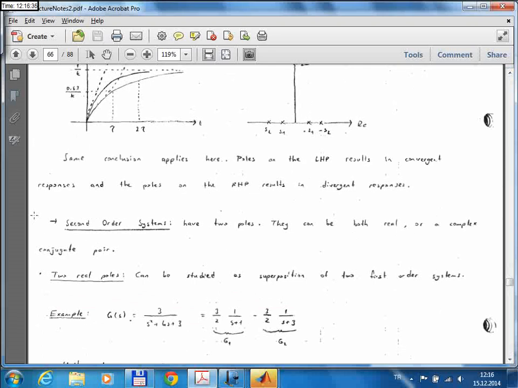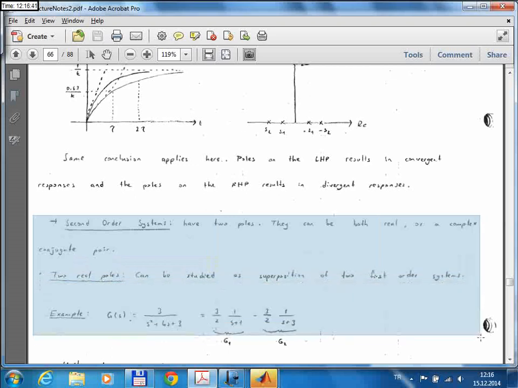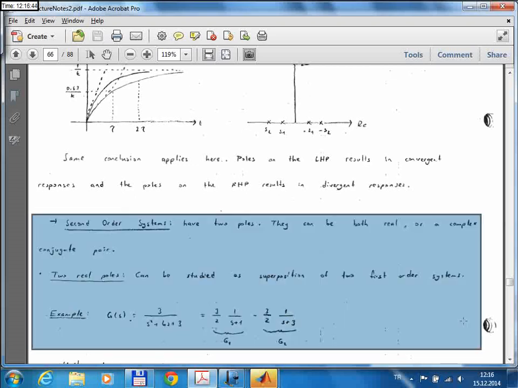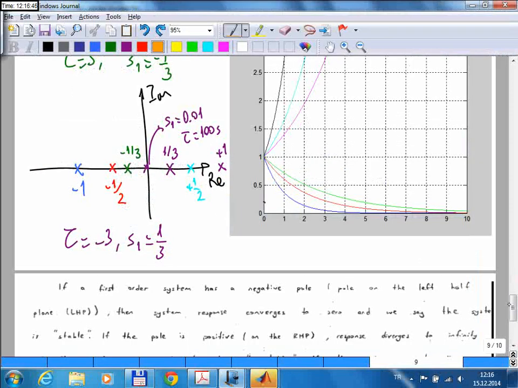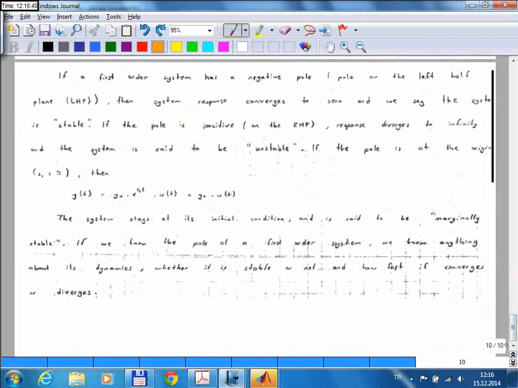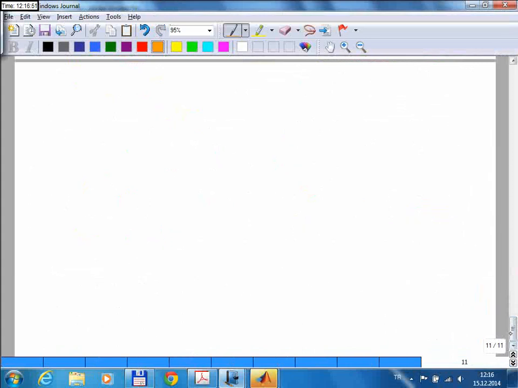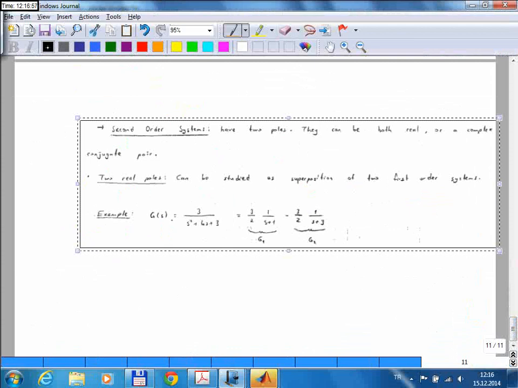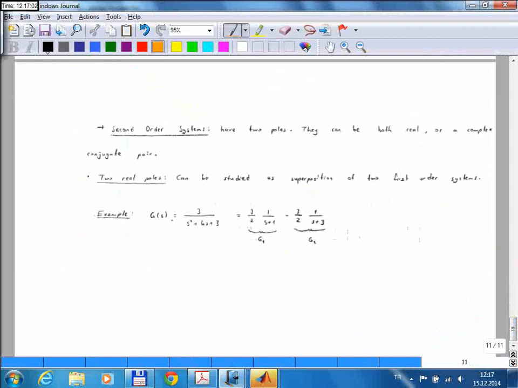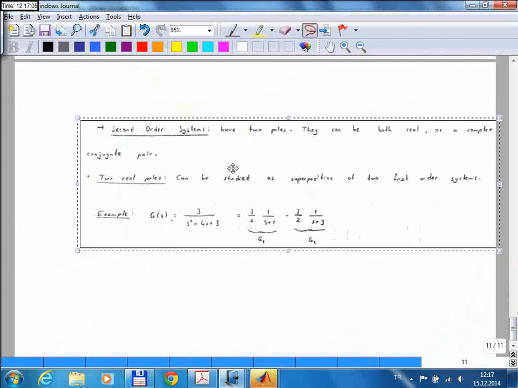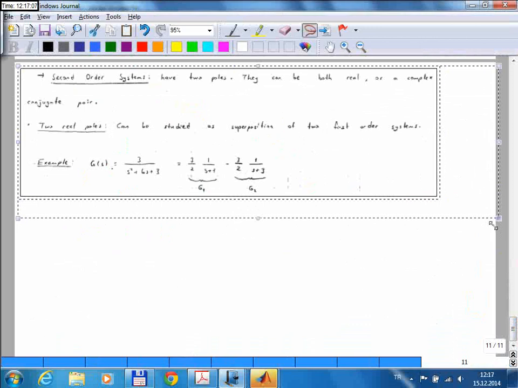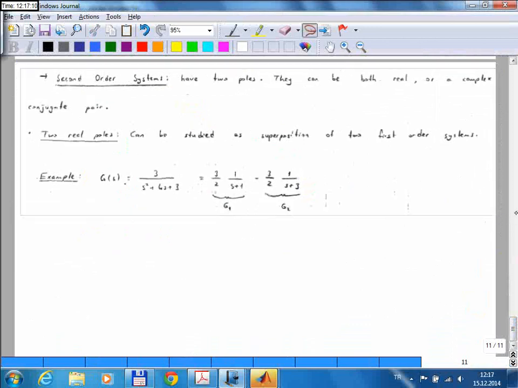Next, let's consider what happens if we have two poles. If there are two poles, then we have several possibilities.